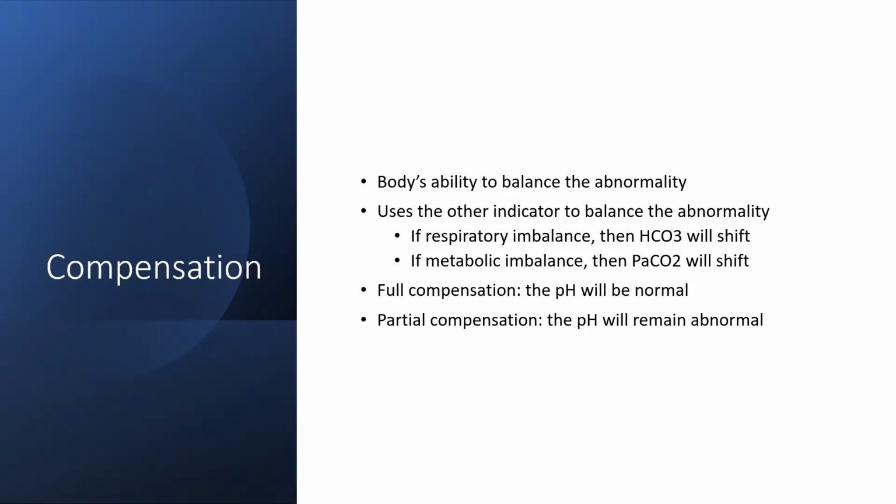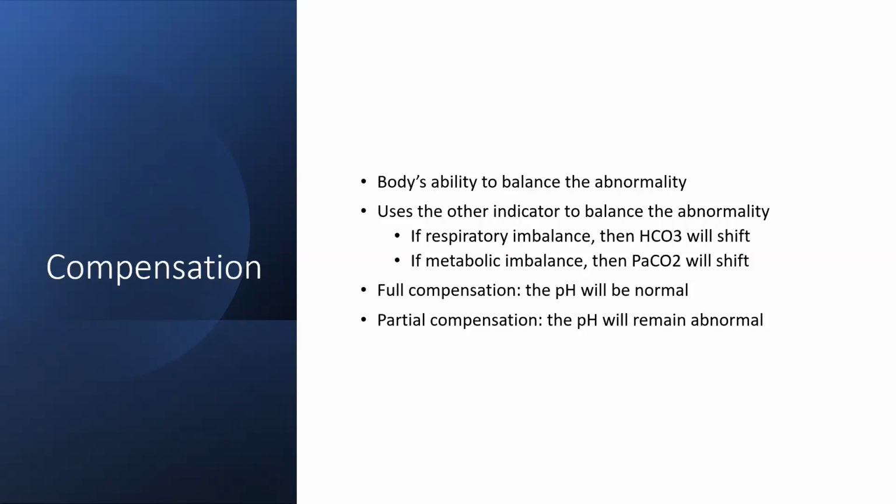Now, there are 2 types of compensation that you have. You have a full compensation and you have a partial compensation. A full compensation means your pH will be normal, but your bicarb and your CO2 will be abnormal. Whereas with a partial compensation, the pH is still out of range.